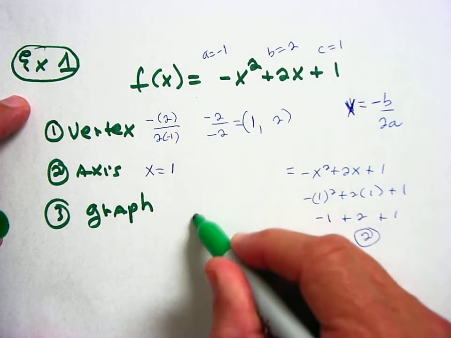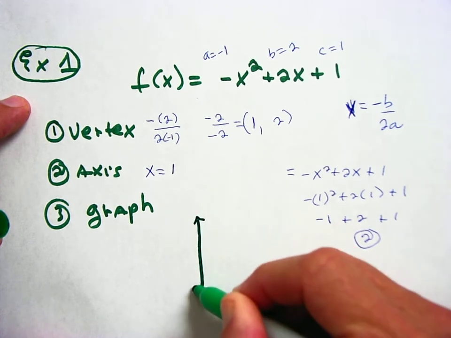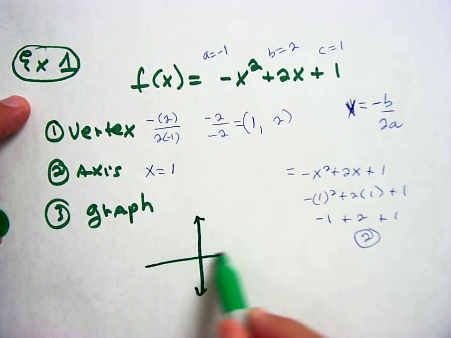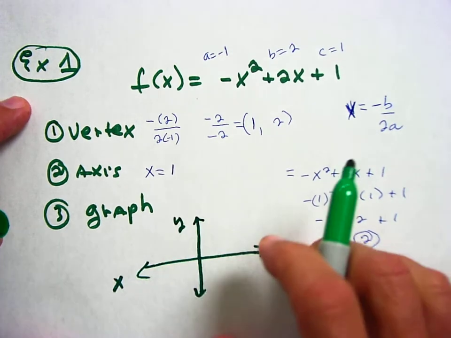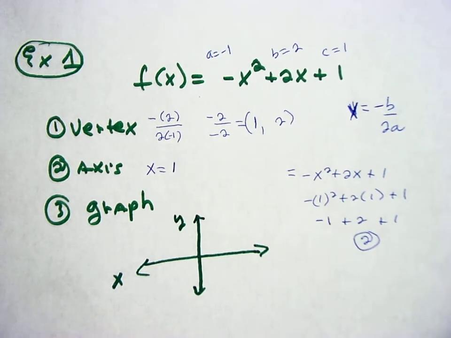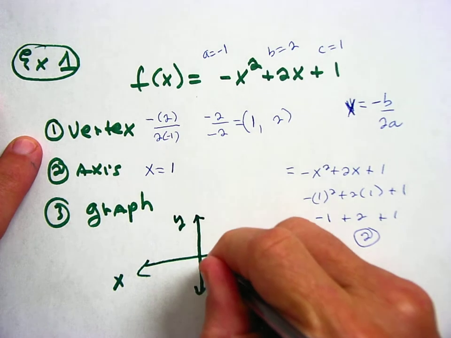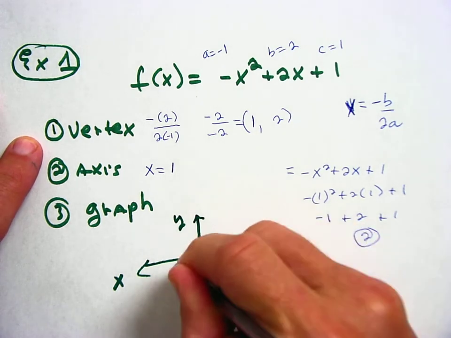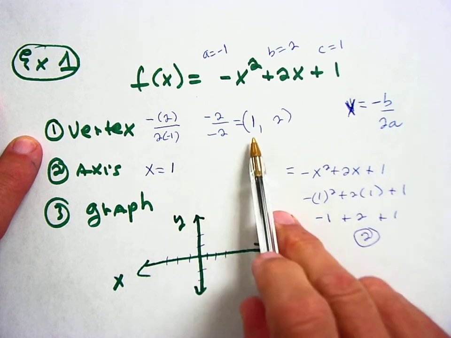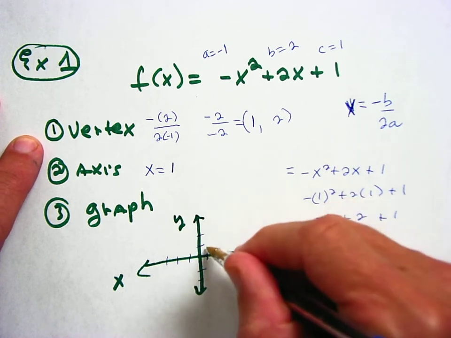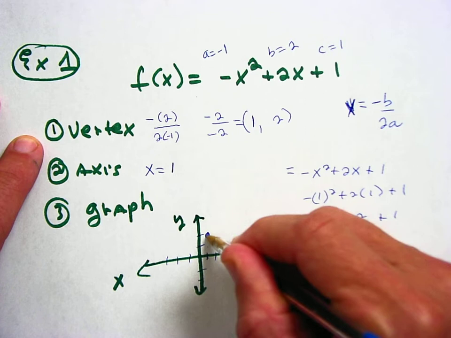Make your y-axis, make your x-axis. I know, work of art, this is y, this is x. You're just gonna plot the vertex. Let's do a few notches here. It's just out of habit, honestly. I'm gonna plot 1, 2. There's your vertex.